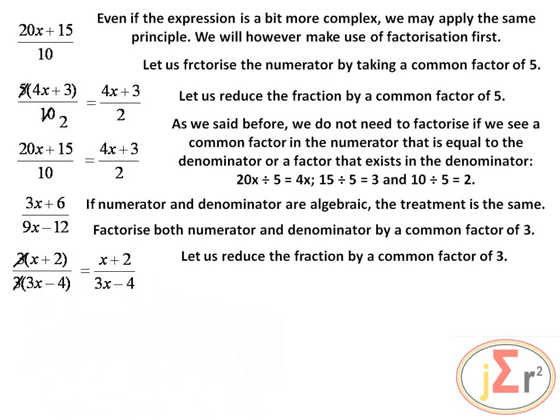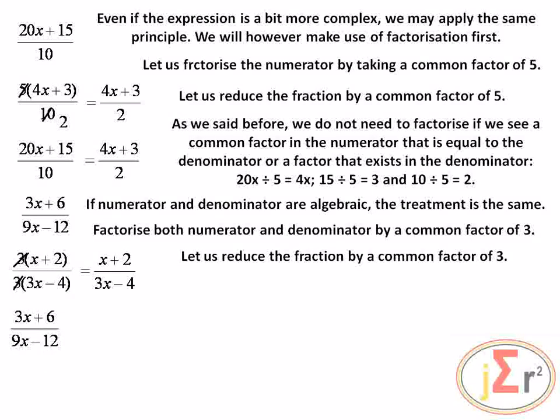And we always say that as long as we can identify a factor that is common to both numerator and denominator, there is really no need for us to go through the lengthy process.